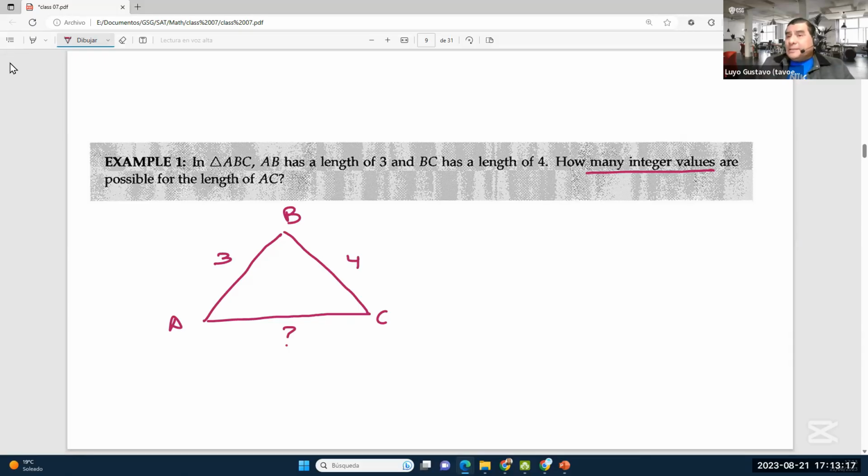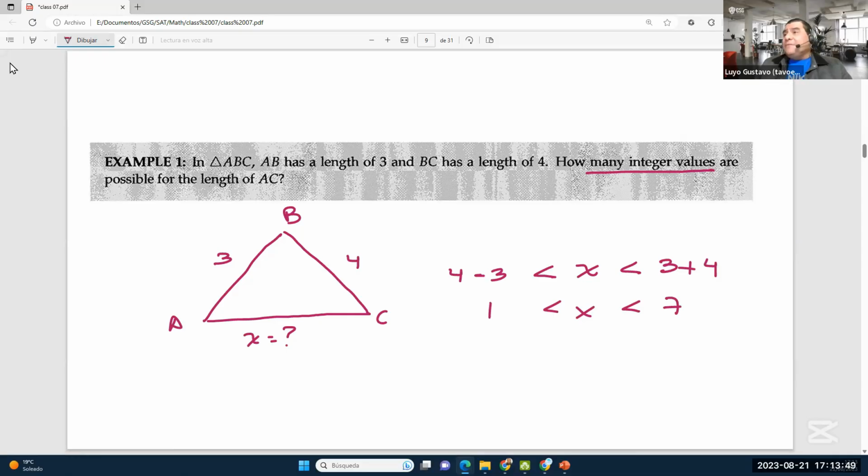So let's call AC a length of X, okay? According to the theorem of existence of a triangle, X has to be less than the sum of the other two sides and greater than the positive difference of the other two. So X must be between 7 and 1.